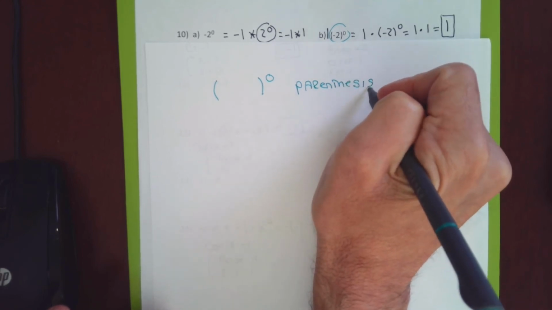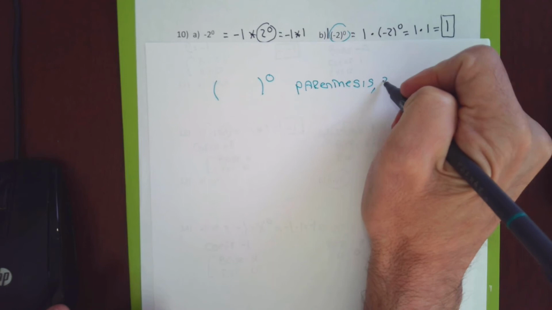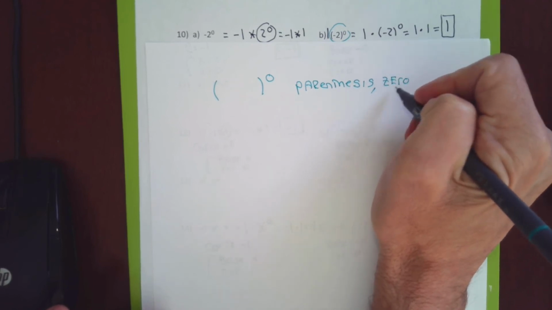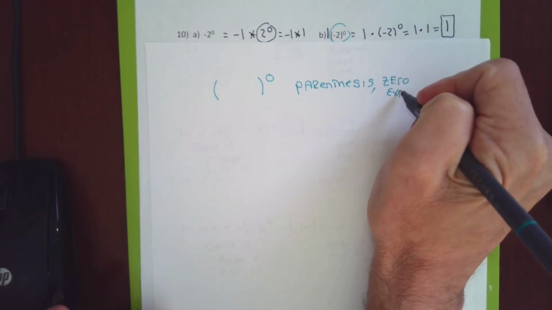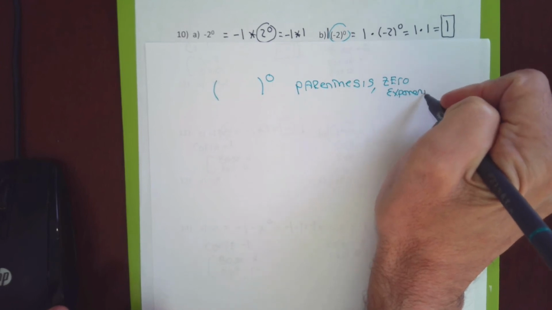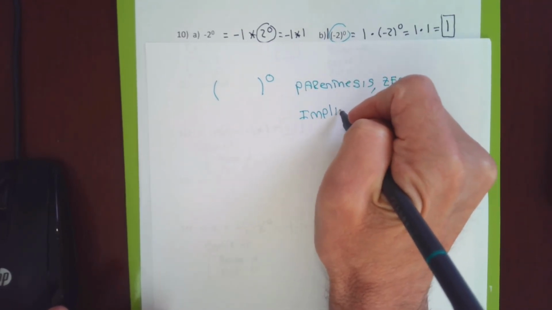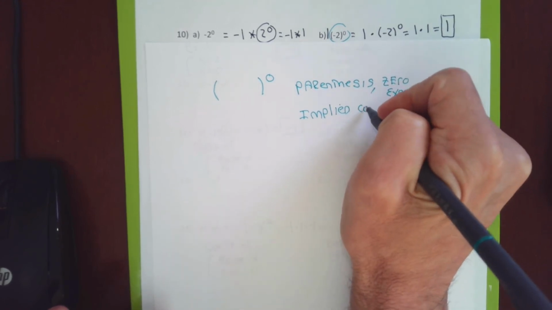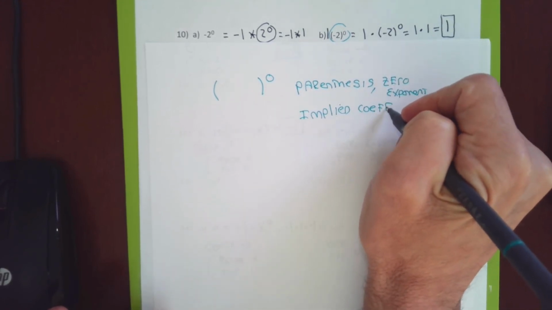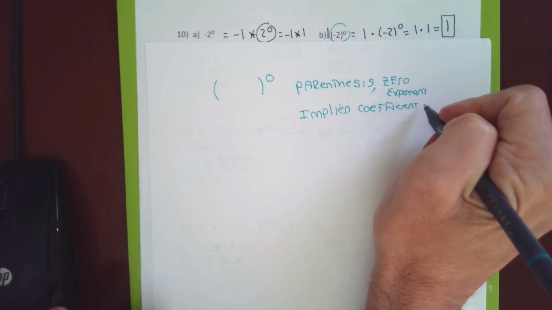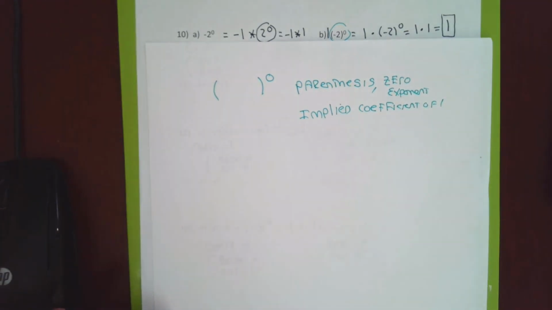So I have a parentheses, a 0 exponent. It turns out it doesn't matter what's inside the parentheses. An implied coefficient of 1. That will always equal 1.